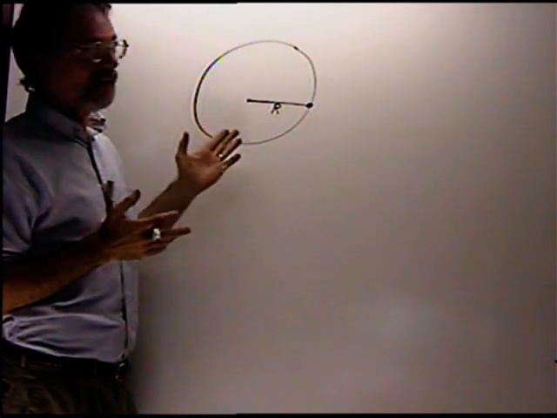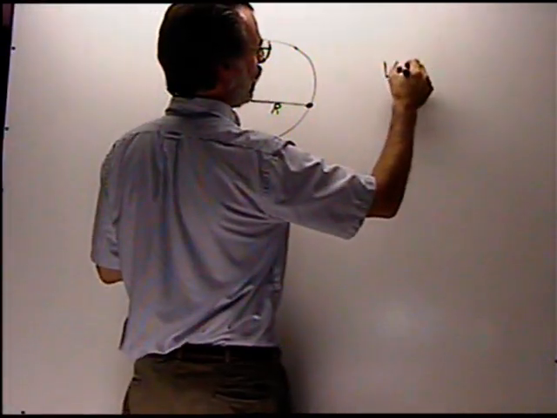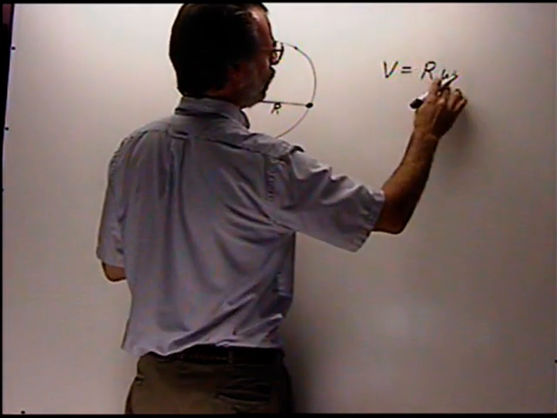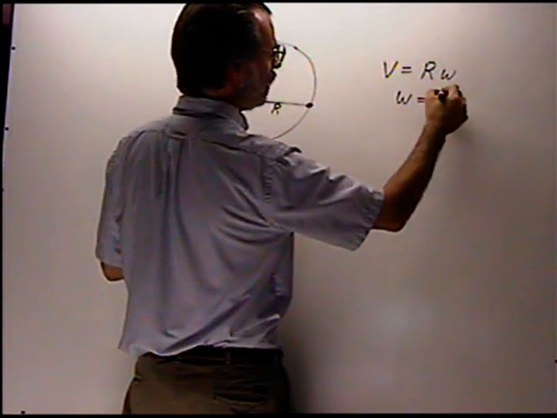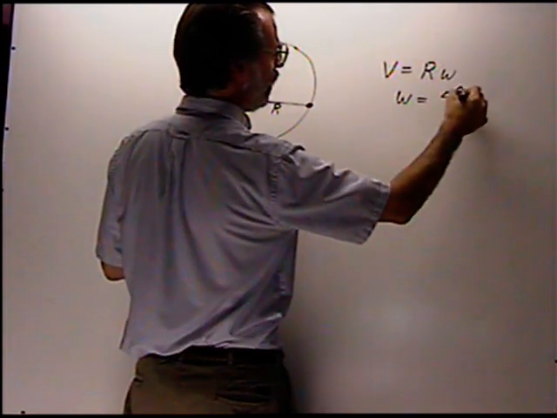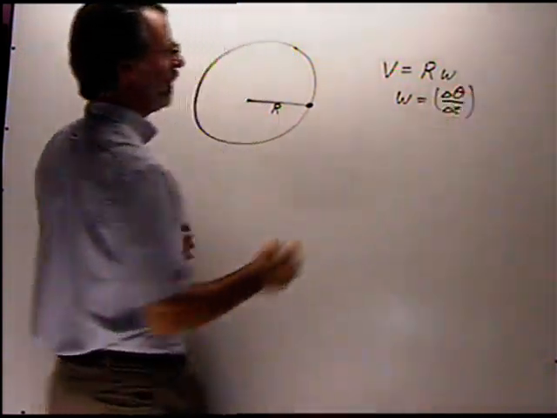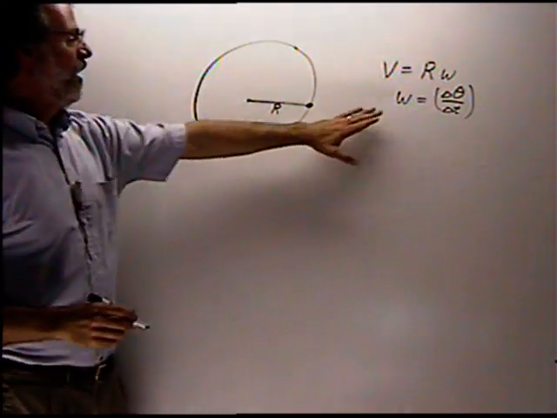We just calculated it. Remember, the tangential velocity equals r times omega, the angular frequency, where omega is fundamentally a change in theta over the change in time, the number of radians per second. That's angular frequency.